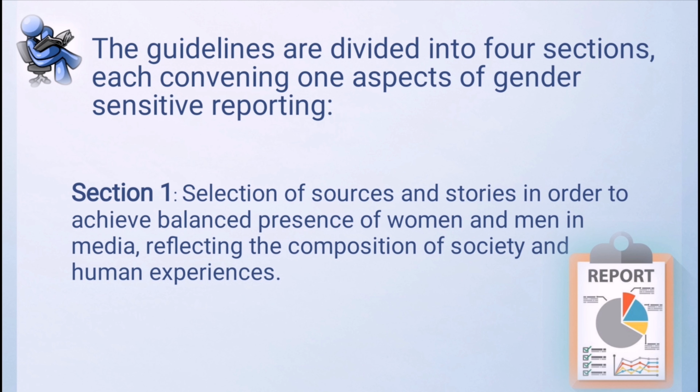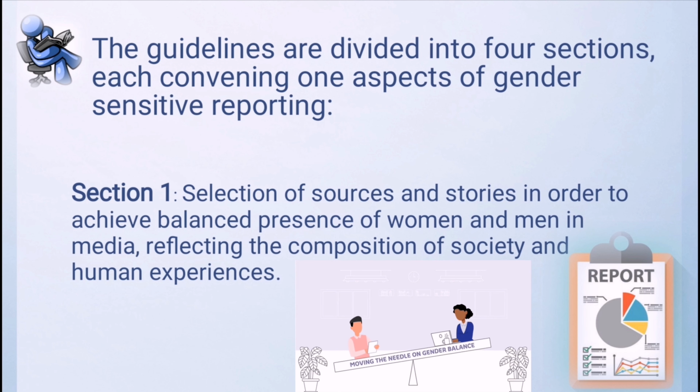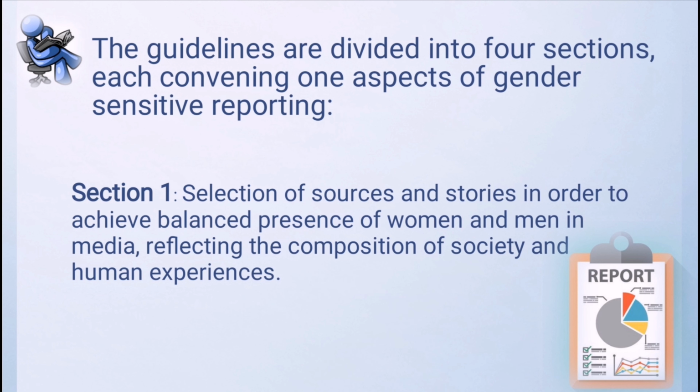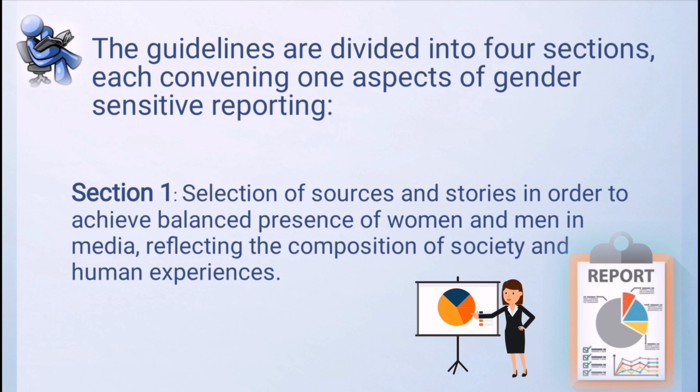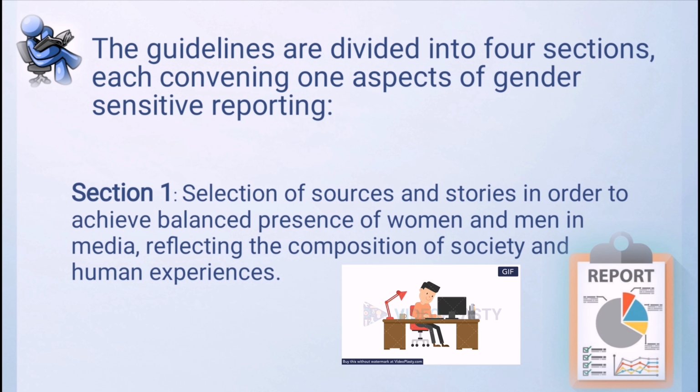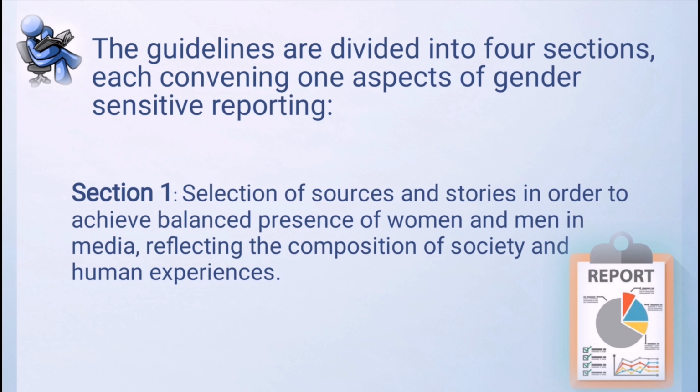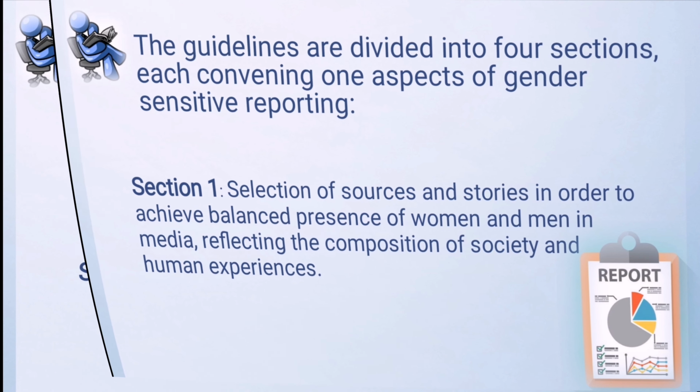In order to achieve more gender equality in the content in the media, try to achieve balanced representation of women and men seen, heard, or read about in news and current affairs, including men and women as sources of information, opinions, and expertise, and sources that represent a range of opinions coming from diverse groups.